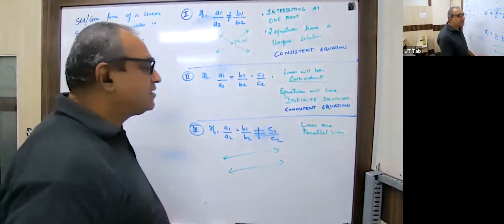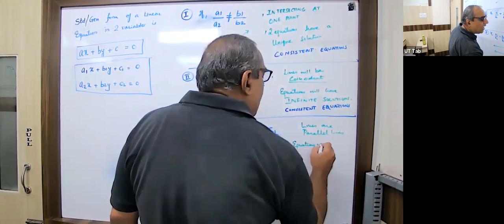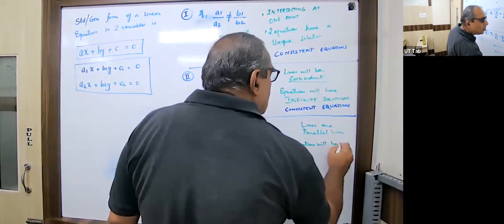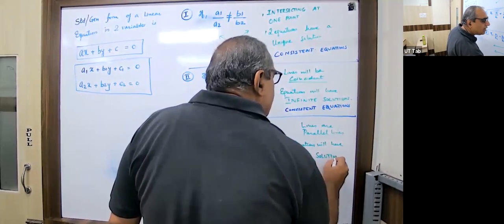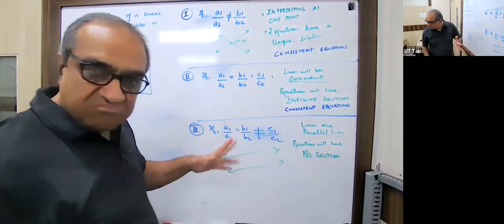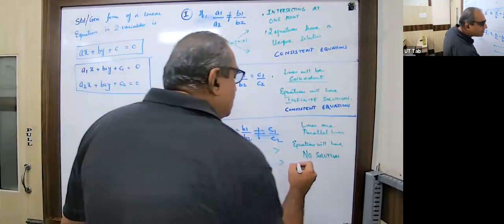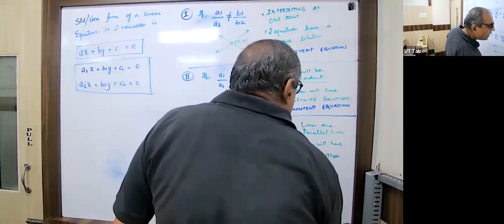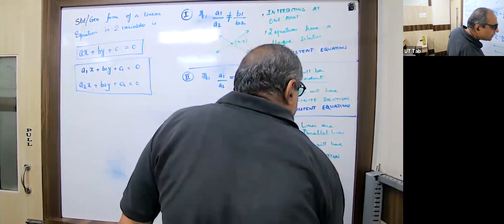Parallel lines. Equations will have no solution. Solution ही नहीं है. मिलते ही नहीं, solution नहीं है. And such equations are called inconsistent equations.